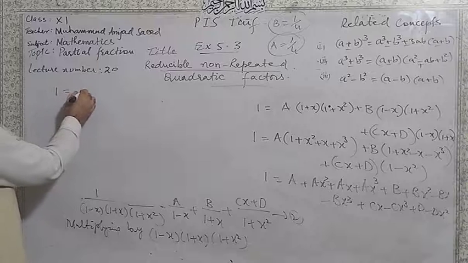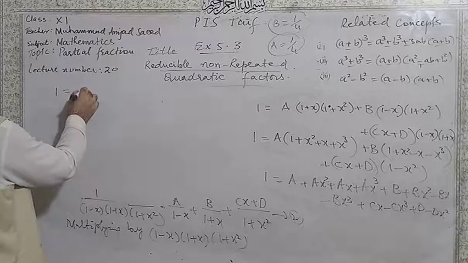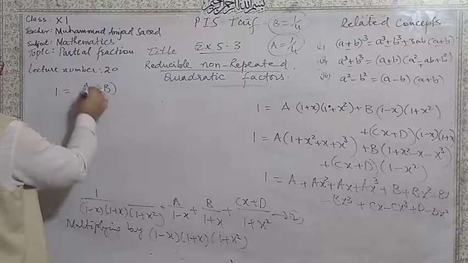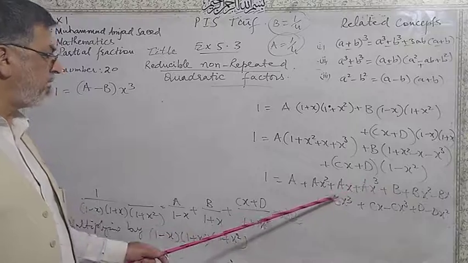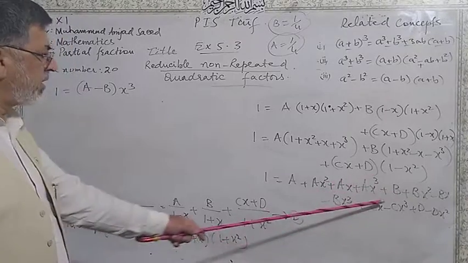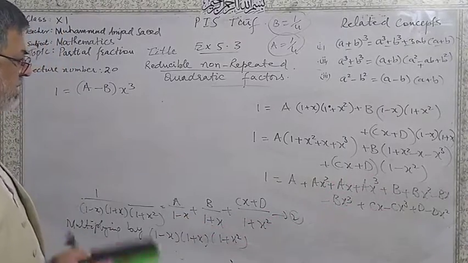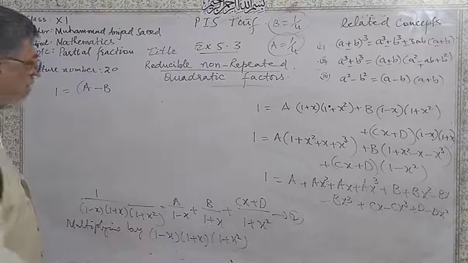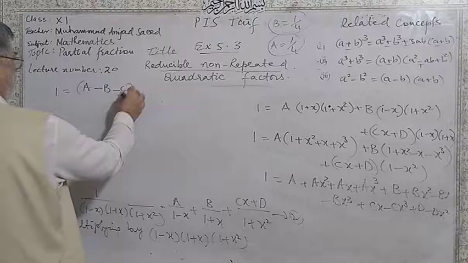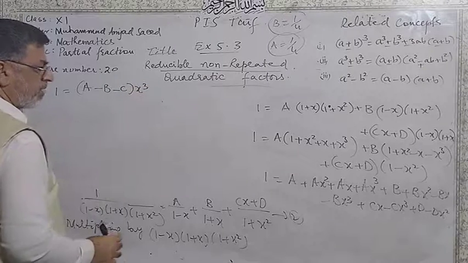One is equal to a minus b into x cube. Remember that this is ax cube, this is minus bx cube. Minus c is also there, minus c into x cube.